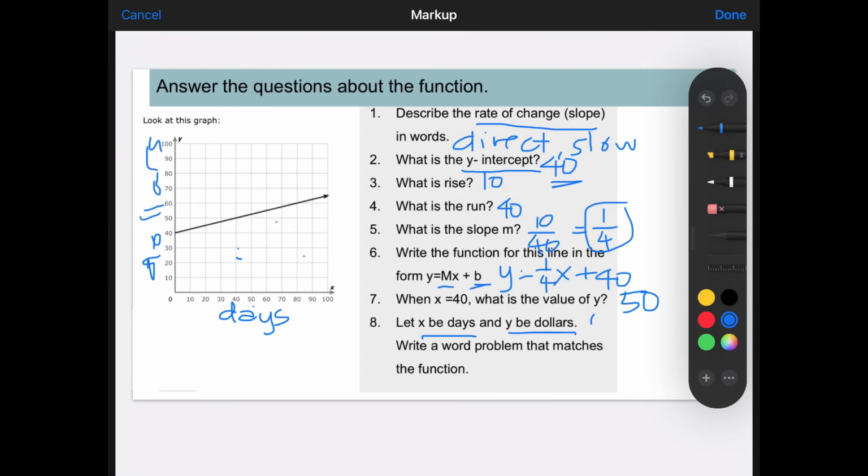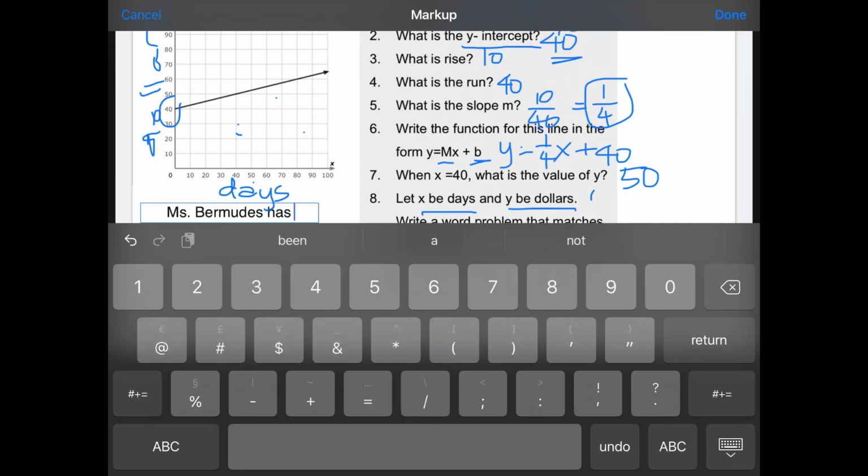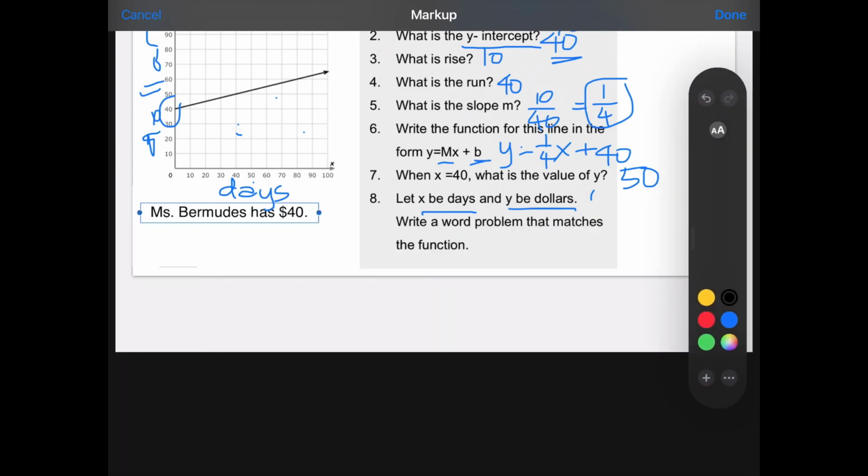And we're going to find that our y-intercept is our starting point. So it starts off at $40 because we're talking about the y-axis. So we need to change things at a rate of $10 per 40 days, which is what our original triangle was.